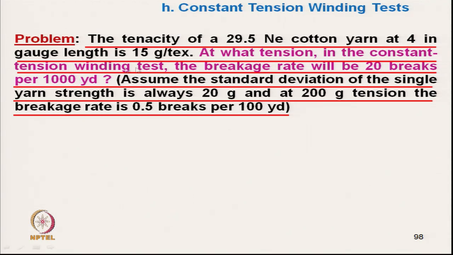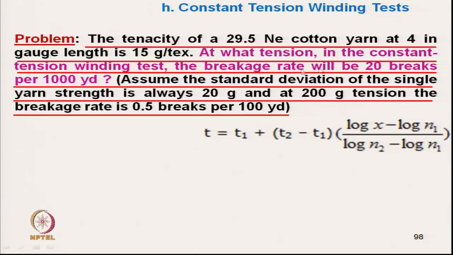One is that the yarn is tested at 4-inch gauge length and gives a breaking stress of 15 gram per tex. And we want to find at what tension the breakage rate will be 20 breaks per 1000 yard. Now, let us try to solve it stepwise.